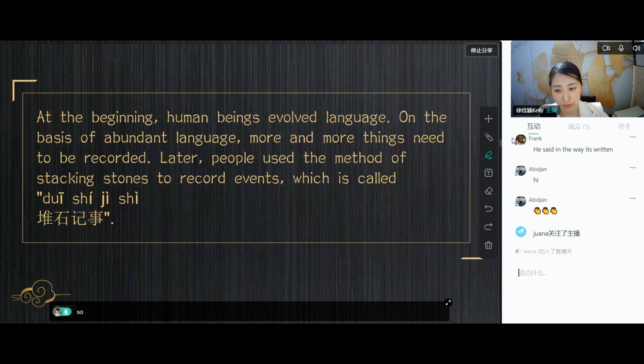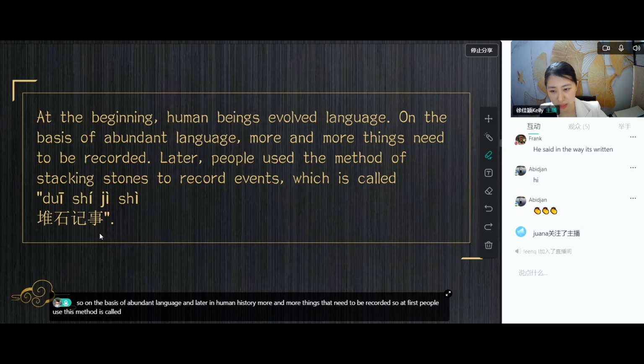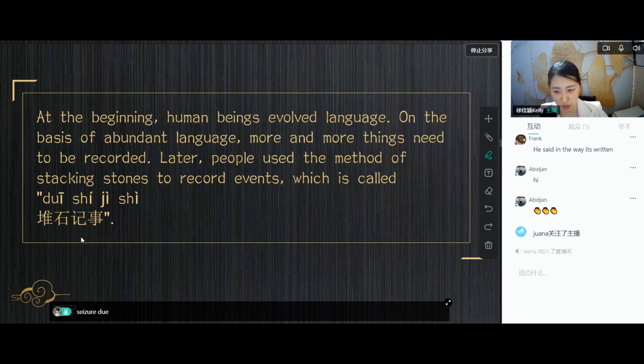So, on the basis of abundant language and later in human history, more and more things needed to be recorded. So at first, people used this method. It's called 堆石记事. 堆 means pile, 石 means stone.